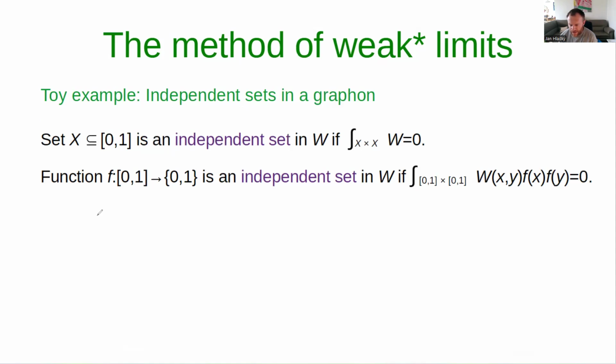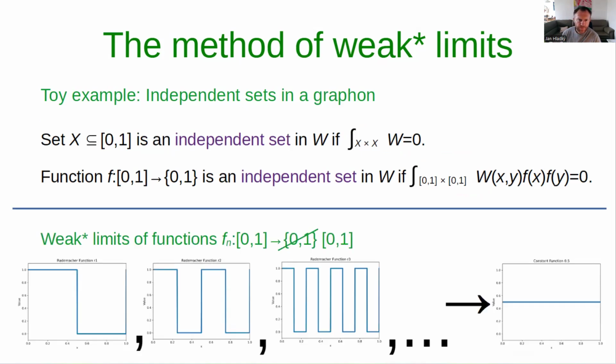And then the original condition translates into the condition where you are integrating on the entire unit square, but you have these terms that involve the indicator. So we switch to this functional notation, if you will, because that's the world of these weak star limits.